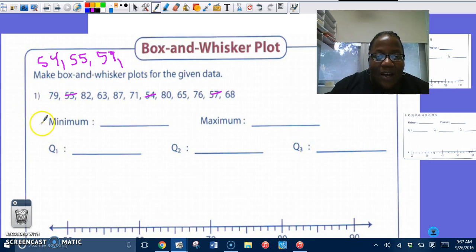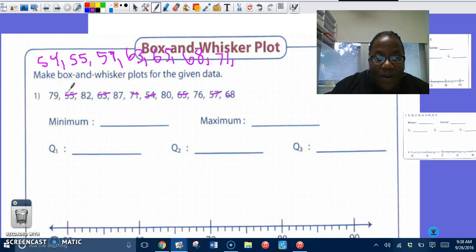And then it looks like we're in the 60s. Yeah, 63. And then 65. Oh, we're in 68. And I think we're finally in the 70s. Oh, yeah. So I'm going to go with 71.